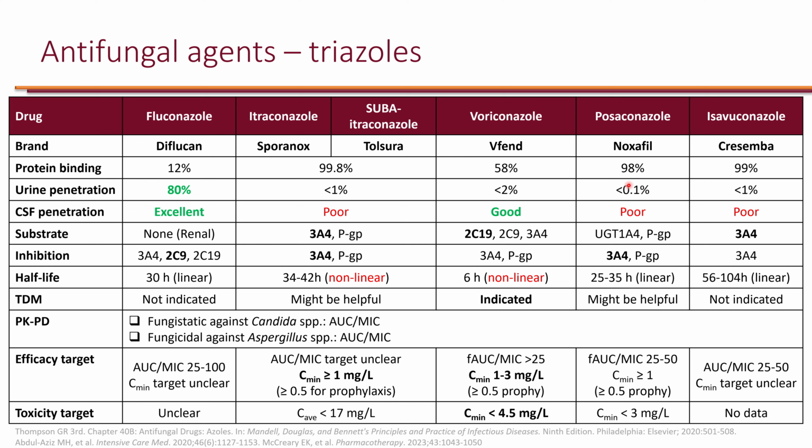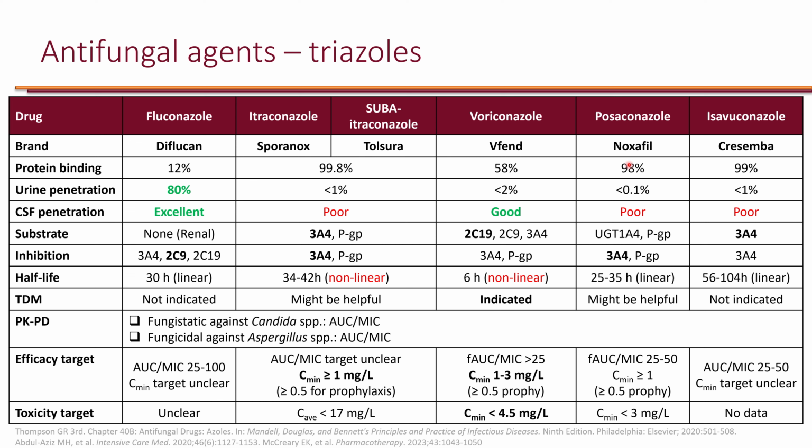For posaconazole, we have a delayed release tablet formulation with excellent bioavailability, whereas the solution has more variability between patients. So for that reason, therapeutic drug monitoring might be helpful in certain situations, and that depends on the formulation.